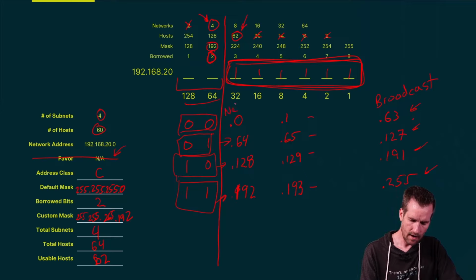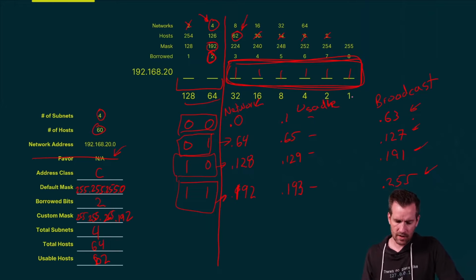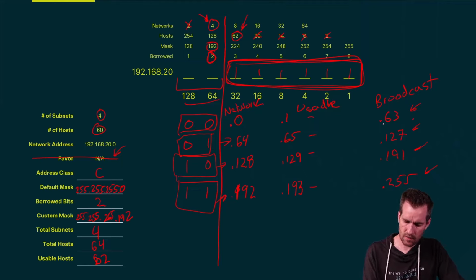So this is the broadcast. This is our network. And these are your usable hosts. The last usable host in this range would be just one less than the 63, so 62. In this range would be 126, so 126. In this range right here would be 190, so 190.